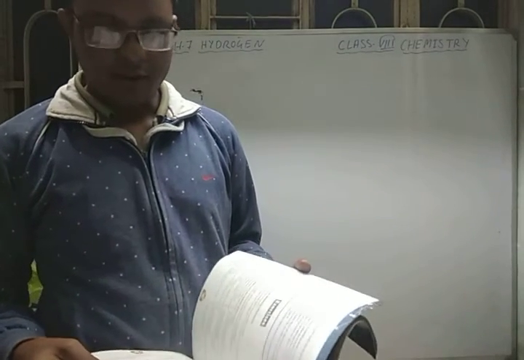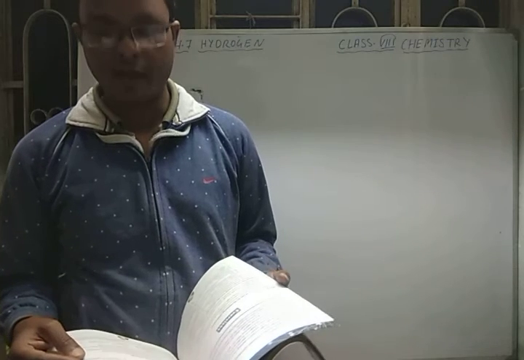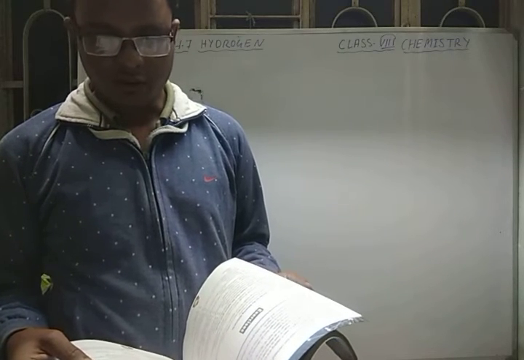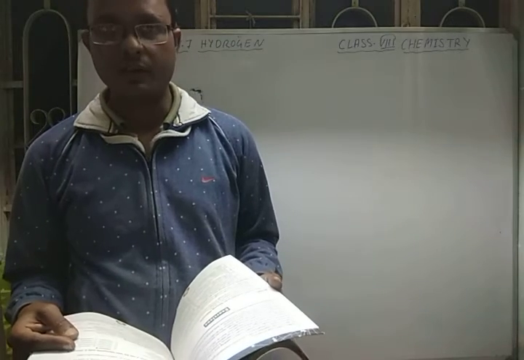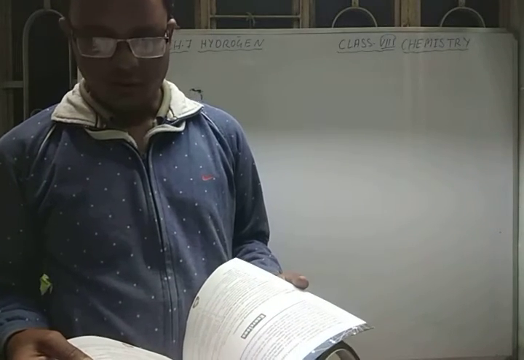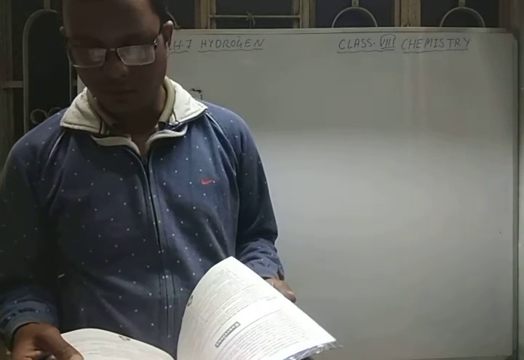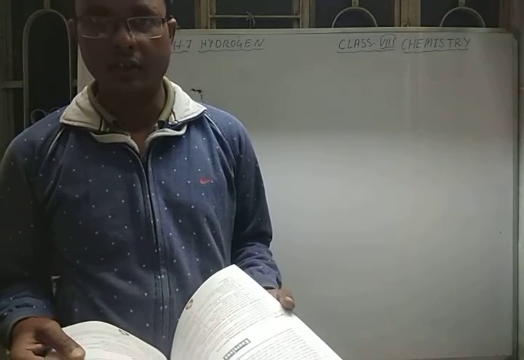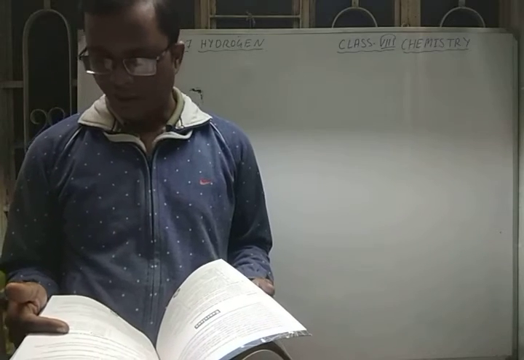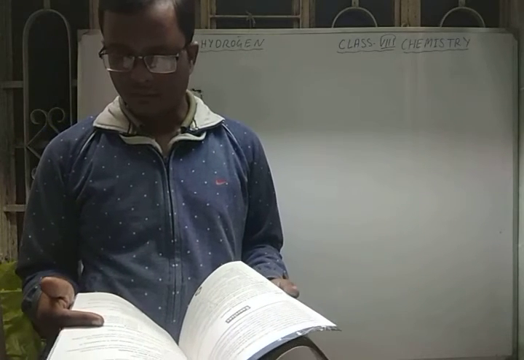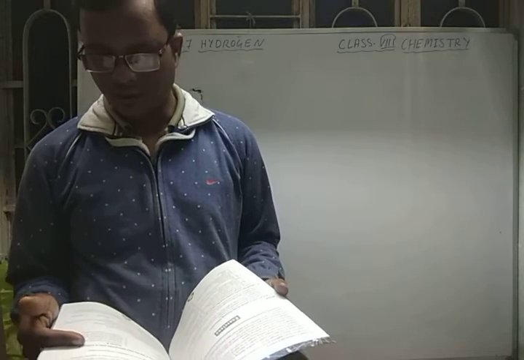Electrolysis: a process in which electricity is passed through acidulated water or a compound to decompose it into its constituent elements. Electrolytes are the liquids through which electricity passes and decomposition takes place.